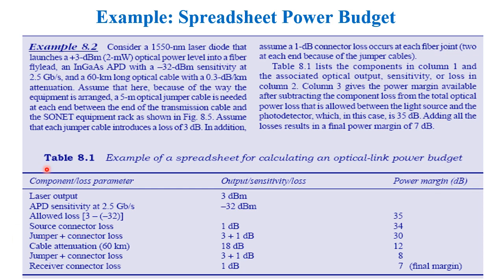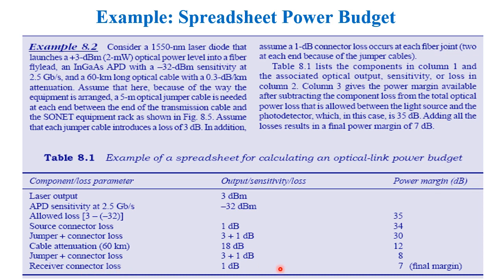Source connector loss is given as 1 decibel. And jumper plus connector losses 3 plus 1 decibel. Cable attenuation for 60 kilometer distance is 18 decibel. And jumper plus connector losses 3 plus 1 decibel again.